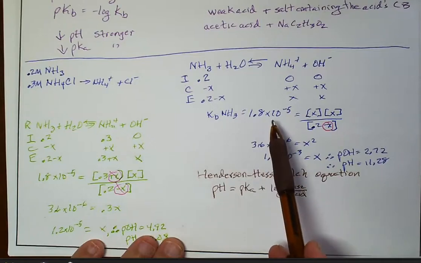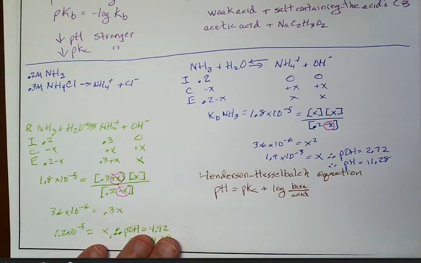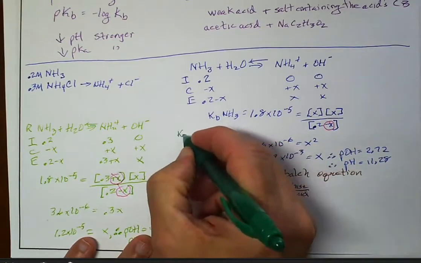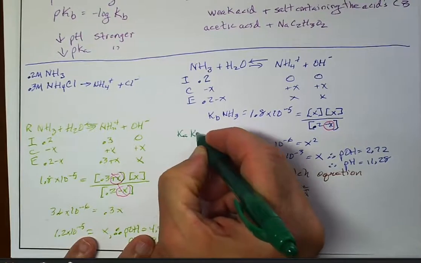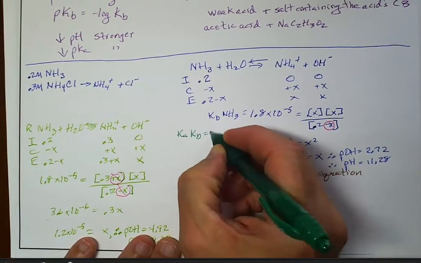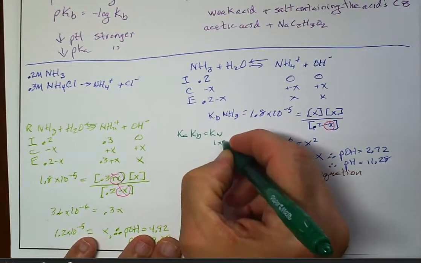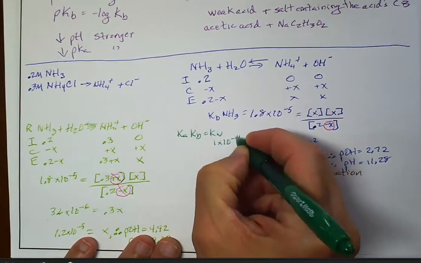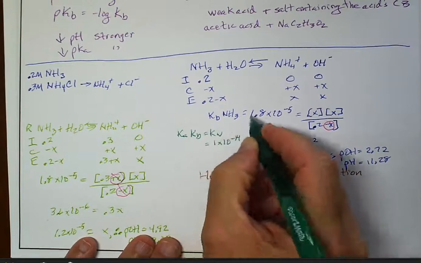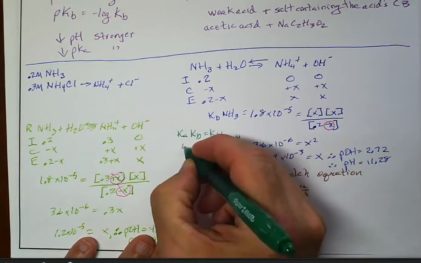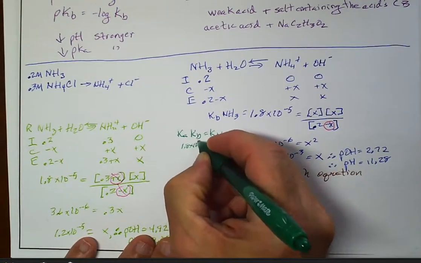The Kb for ammonia is 1.8 times 10 to the minus 5. So let's recall that the Ka of a conjugate acid times the Kb of its conjugate base always equals Kw. Kw is always 1 times 10 to the minus 14. The Kb here is 1.8 times 10 to the minus 5.